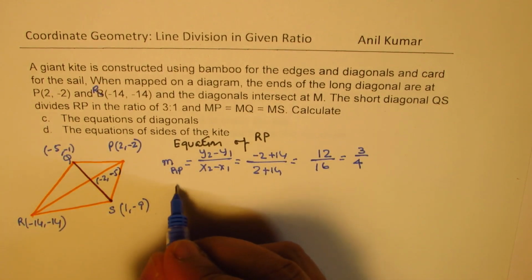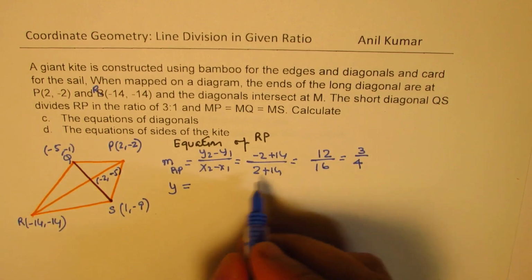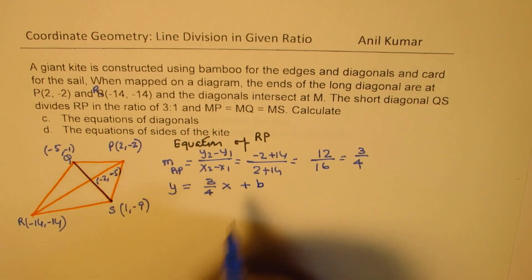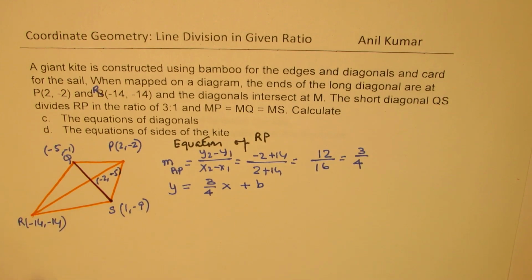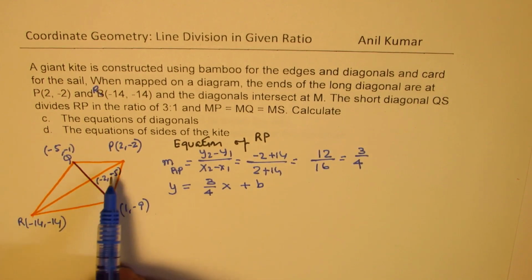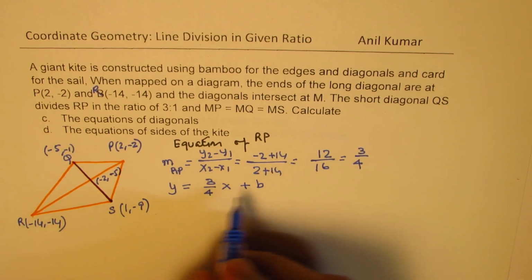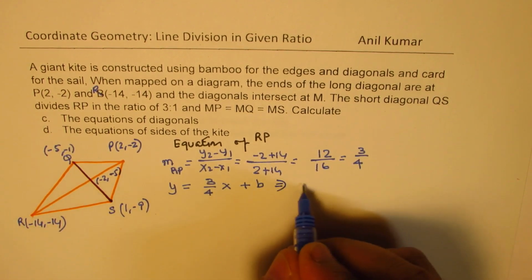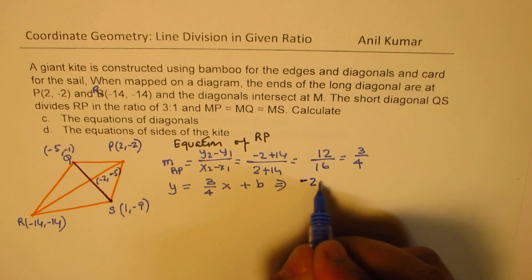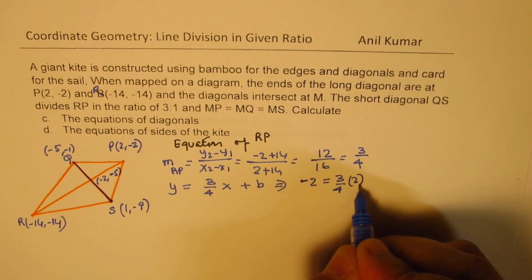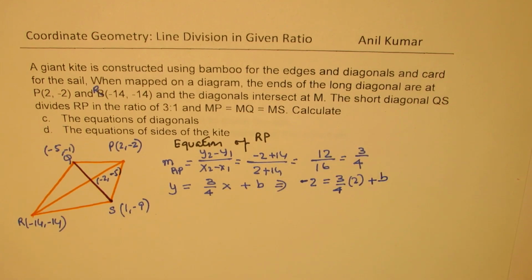And therefore the equation y will be the slope 3 over 4 x plus b. To find the value of b, we can actually substitute one of the points. (2, -2) is a good point. So write here -2 as y value equals 3 over 4 times 2 plus b.